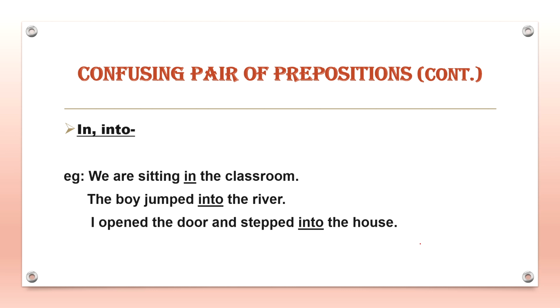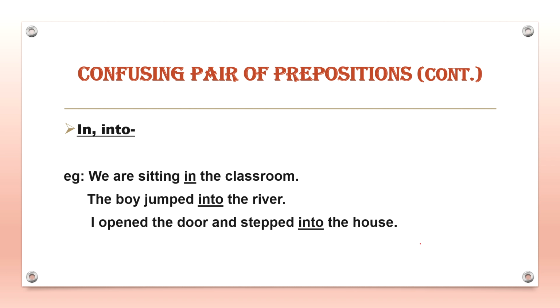So now moving on, next is in and into. So in is used to show that something is inside and is at rest. In case of in, no change of medium or state takes place. Whereas into is used to show movement from outside to inside, basically movement towards the inside of something.